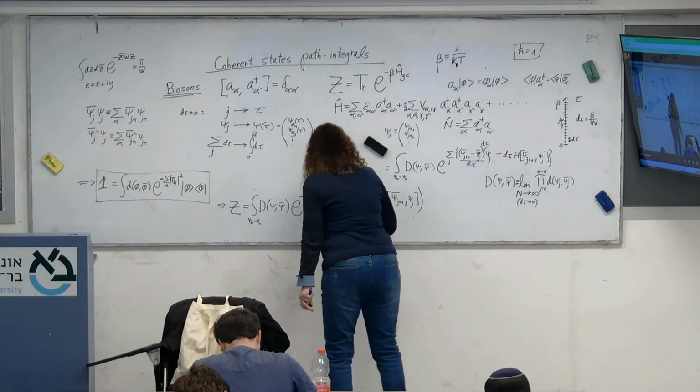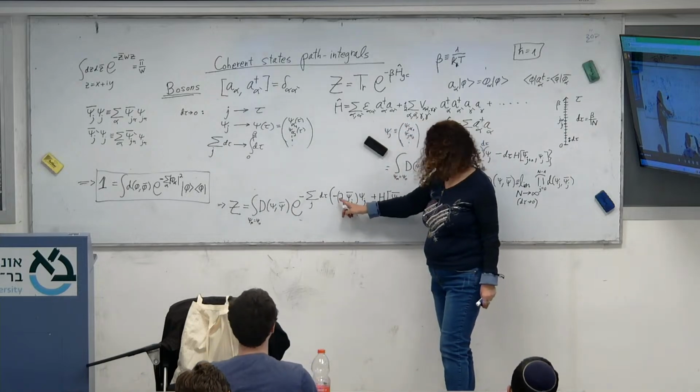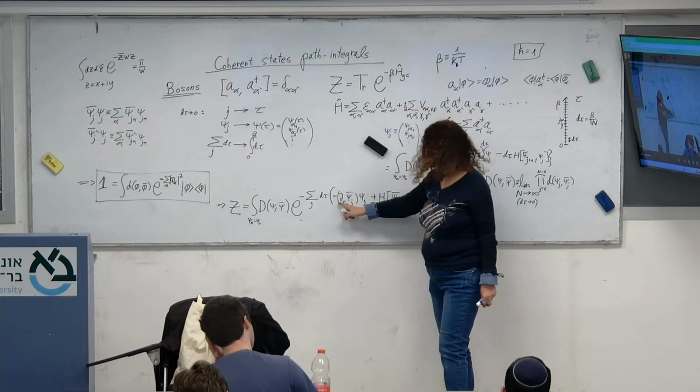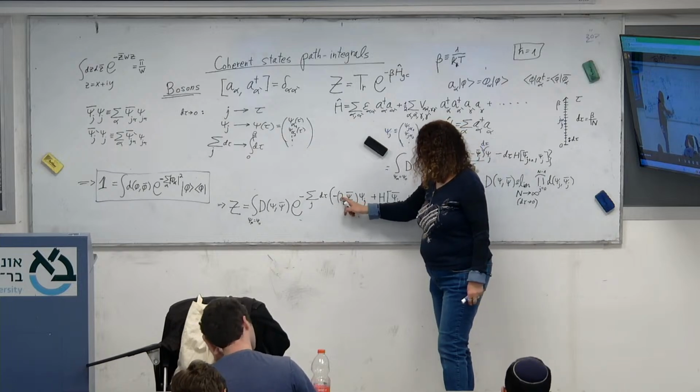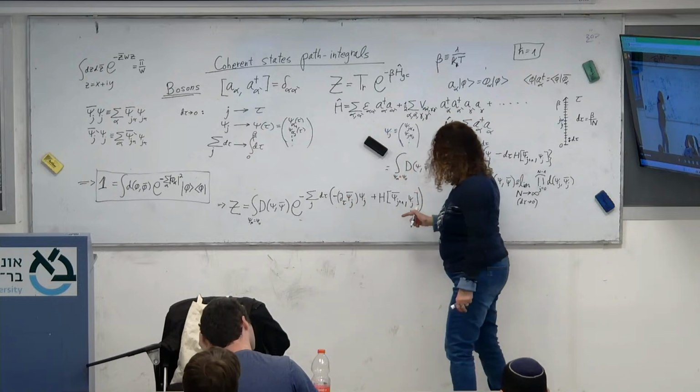Now there is one subtle step, that's what confused me with the minus sign. Here I have the derivative on the psi bar. And I forgot another thing.